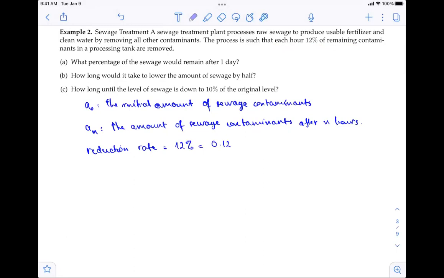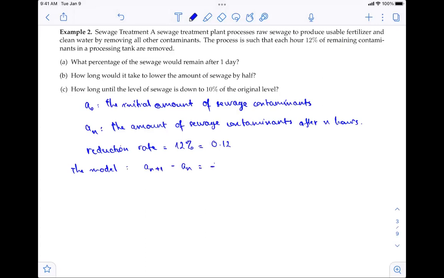Okay, so let's say you want to come up with the linear dynamical system, just like we did in the last two lectures. The model can be a sub n plus 1 minus a sub n, to indicate the difference equation, equal to negative 0.12 a sub n, because you want to remove the contaminants.